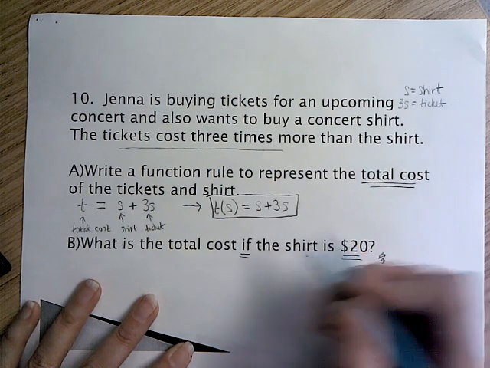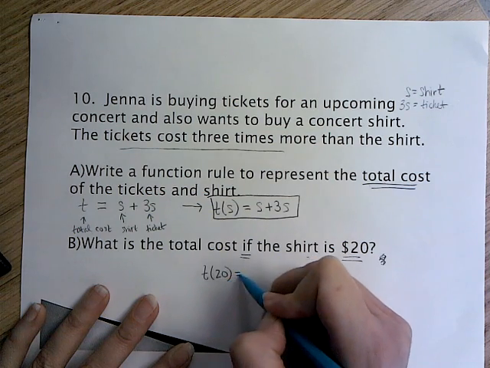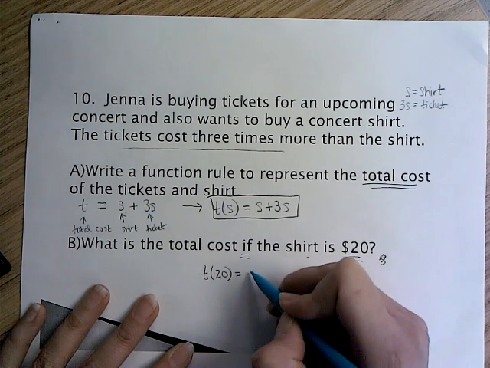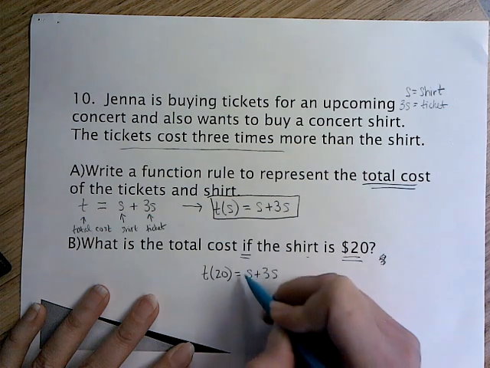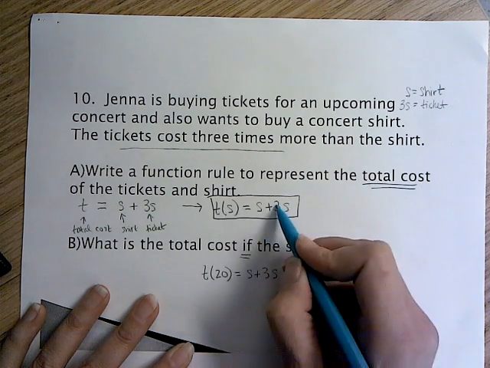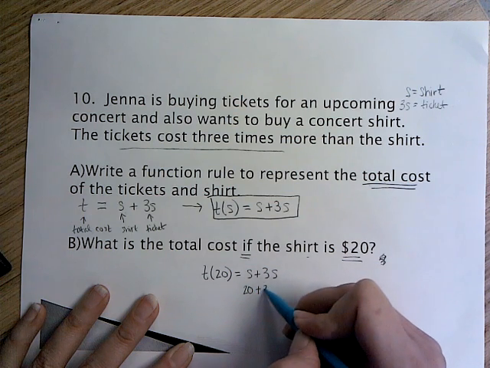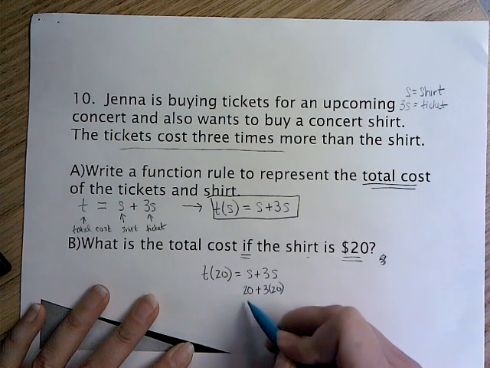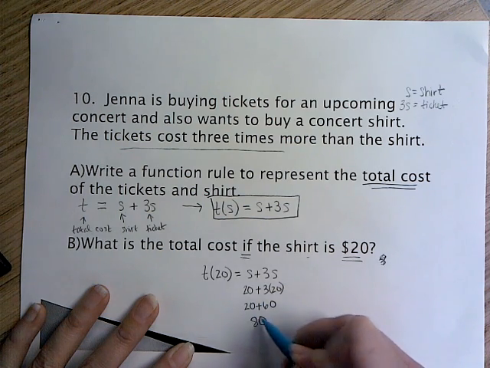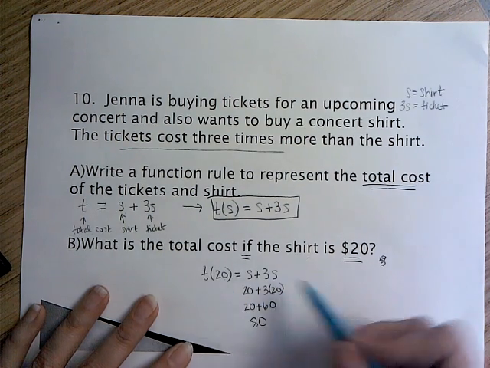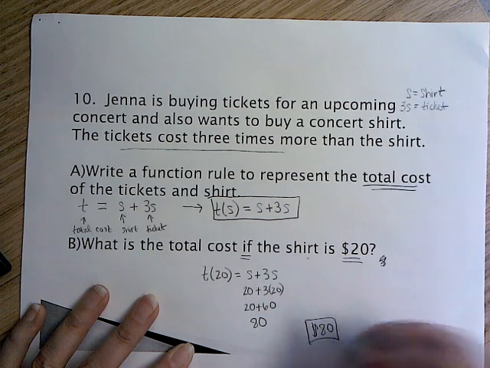If S is 20, what's it going to be? T of 20 is S plus 3S. I'm substituting in 20 now. So 20 plus 3 times 20. So 20 plus 60 is going to be 80. So what is the total cost? Total cost would be $80.